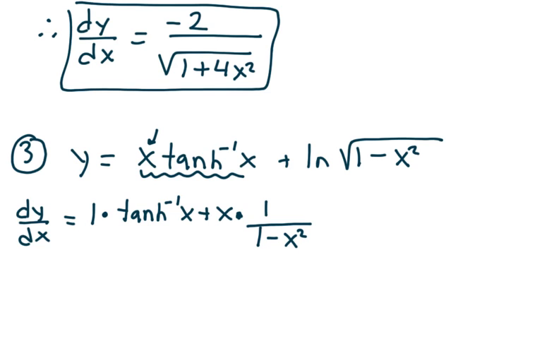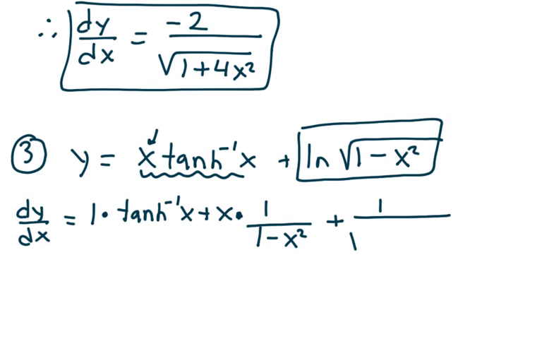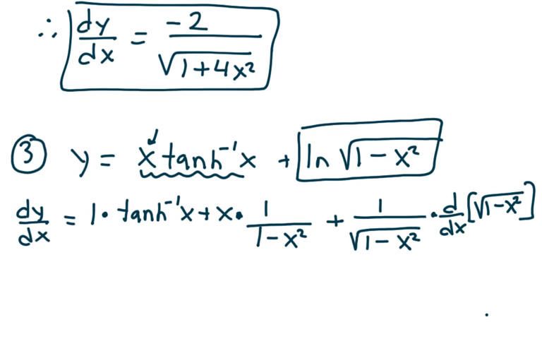And then I'm going to add the derivative of this term. Well, I'm going to apply the chain rule. So I do 1 over the square root of 1 minus x squared, but I multiply by the derivative of the inside function. So I'll give myself room. I'm going to multiply by the derivative of the square root of 1 minus x squared. Just like this.